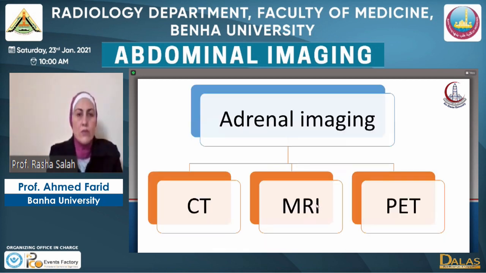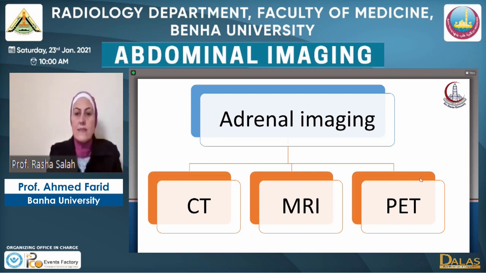Adrenal imaging includes CT, MRI, and PET-CT. The CT is considered the gold standard for adrenal imaging because it is cost effective and it helps in diagnosis of many of the adrenal lesions. MRI is just reserved for problem solving if CT is non-conclusive or not completely diagnostic.